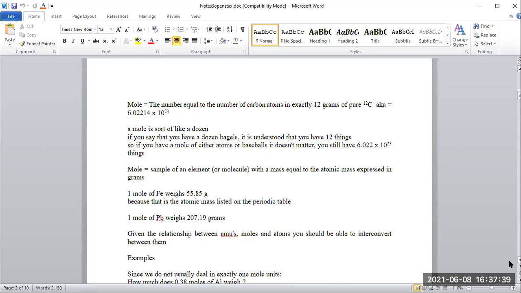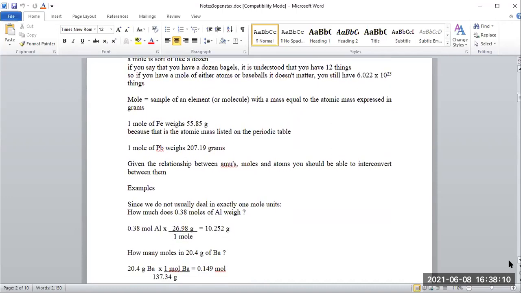Lead's much further down on the periodic table. 1 atom of lead weighs 207.19 AMUs. 1 mole weighs 207.19 grams. As I said, we are making kind of multiple uses of the same number value and changing out the units.